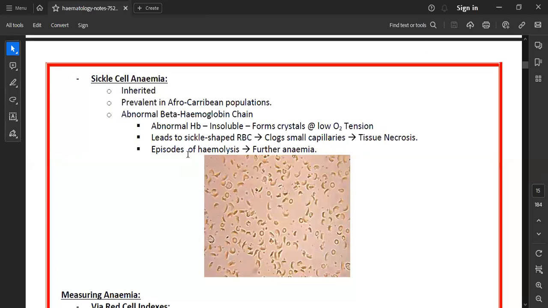They lack flexibility, and the shape is not ideal for traversing the capillaries because of how small they are. So they have a tendency for clogging capillaries. Once they clog capillaries, there's an area that will not receive blood. So the area will have hypoxia, which can definitely lead to tissue necrosis.